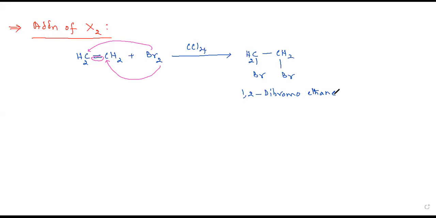This is an interesting reaction in which alkenes and alkynes, that means unsaturated compounds, decolorize the orange or red color of bromine in CCl4 solution.